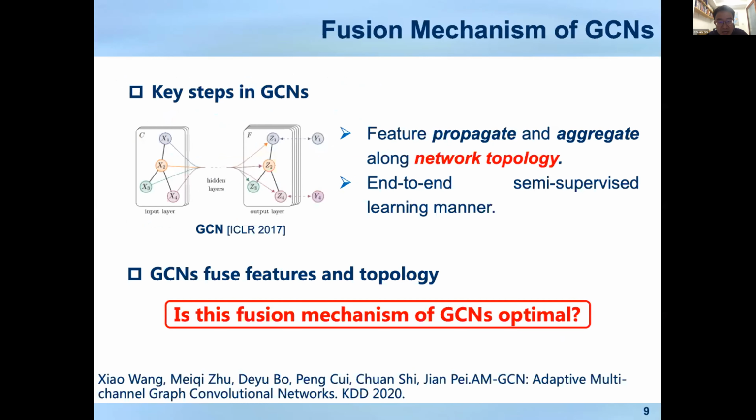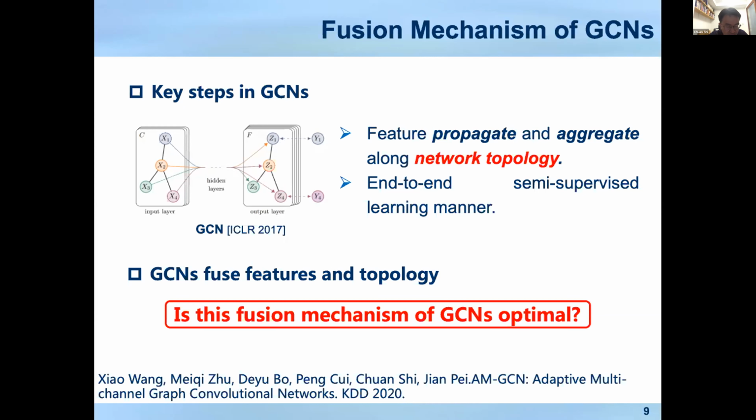Firstly, we start with the fusing mechanism. We know that the GNN and its variants follow the message passing mechanism. That is, the node features propagate and aggregate along the network topology in an end-to-end semi-supervised learning manner, and the node labels guide the learning process.